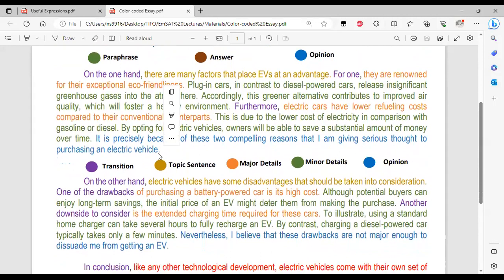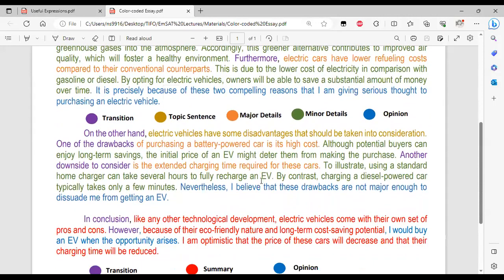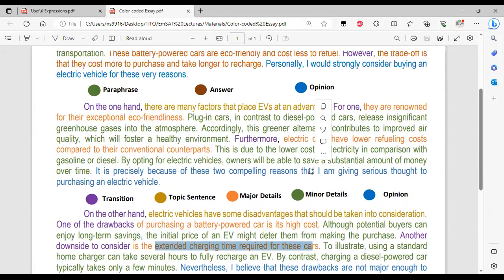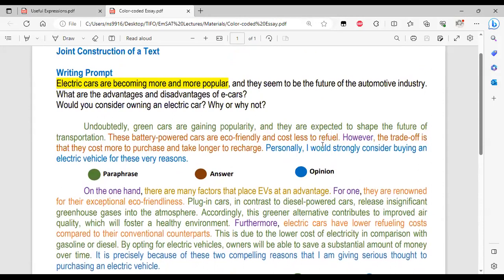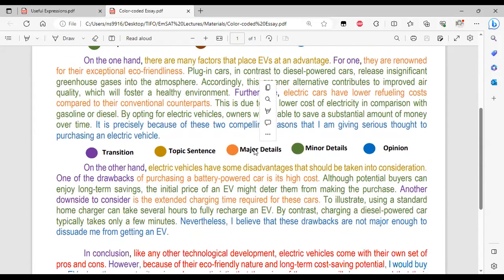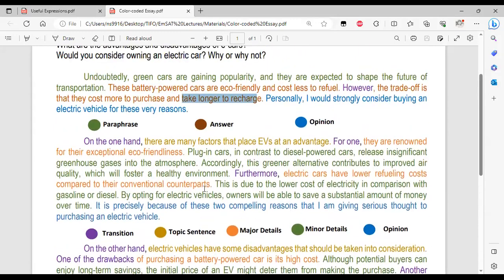I explained it in detail and gave examples. The second: another downside to consider is the extended charging time required for these cars, that they take time to recharge. See where the second is in the introduction: they cost more to purchase and take longer to recharge. I will explain them in this paragraph.